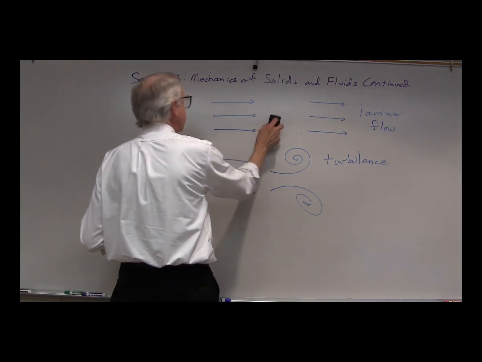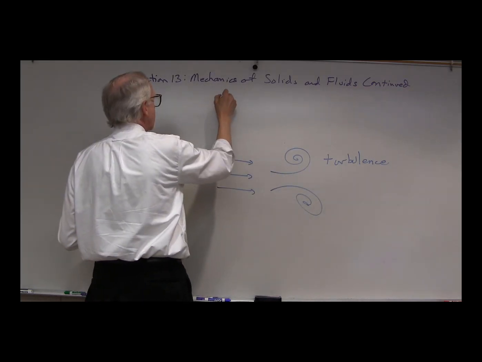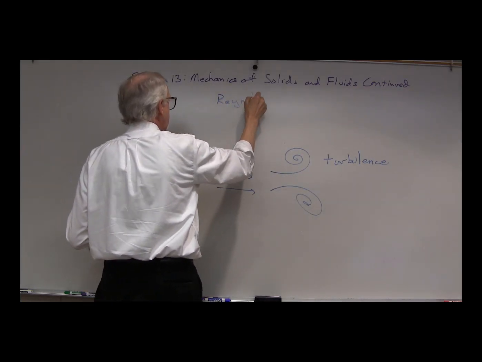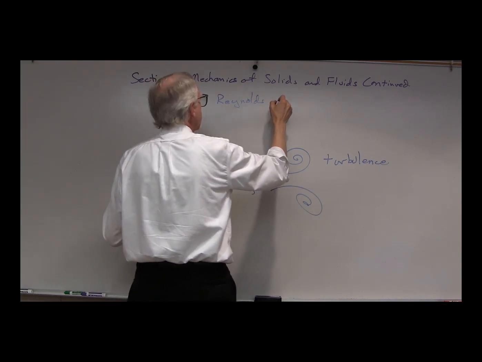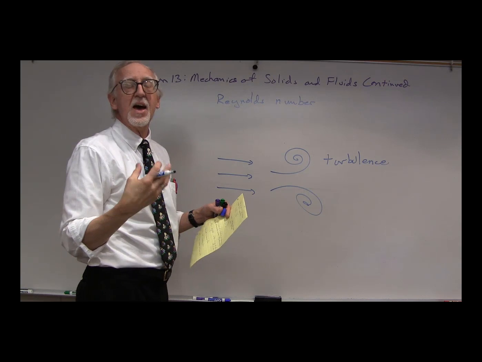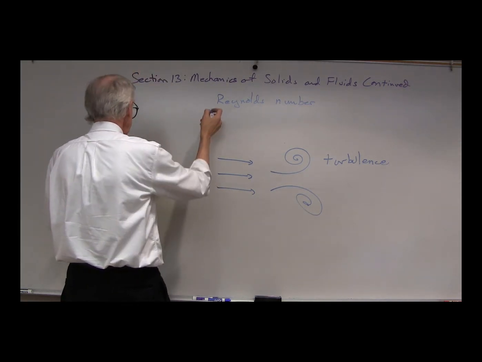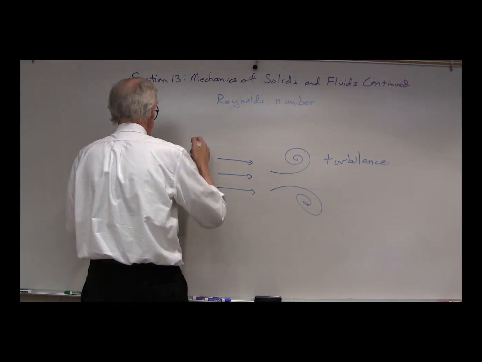Let me actually erase this to give us a little more room. And it has to do with how much viscosity a fluid has. It depends on that for one thing.